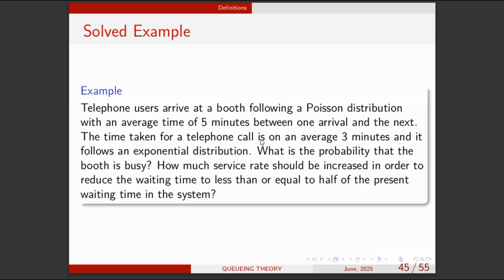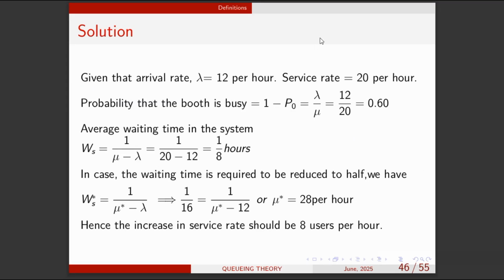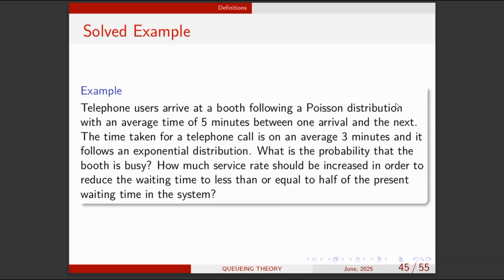Don't forget, 1 over mu is the inter-service time. 3 over 60 gives us 1 over 20, so our service rate mu should be equal to 20 as well. So rho should be equal to 12 over 20, and that gives us 0.6.